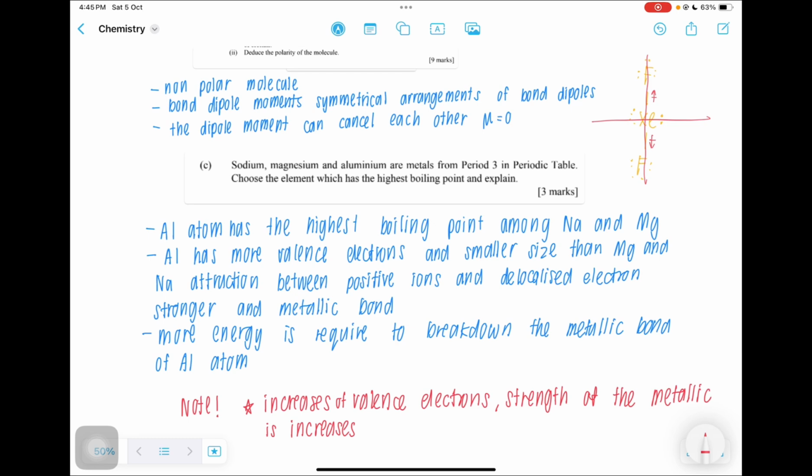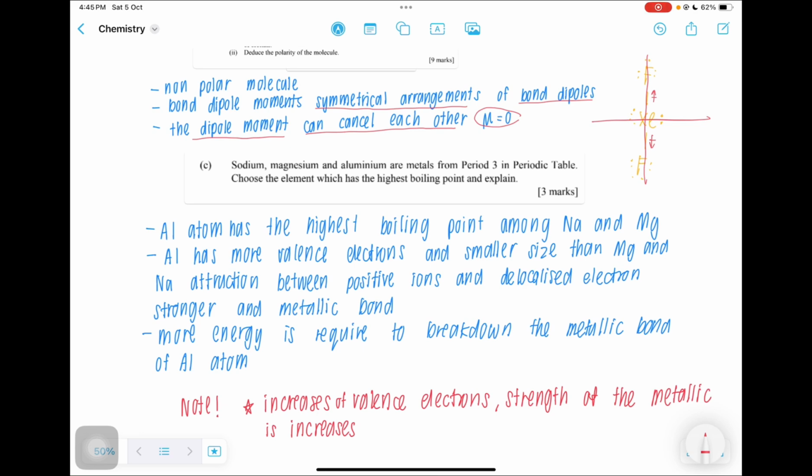So we can state it is a non-polar molecule, and the bond dipole moment is a symmetrical arrangement of bond dipoles, and the dipole moments cancel each other, so the dipole moment equals 0.